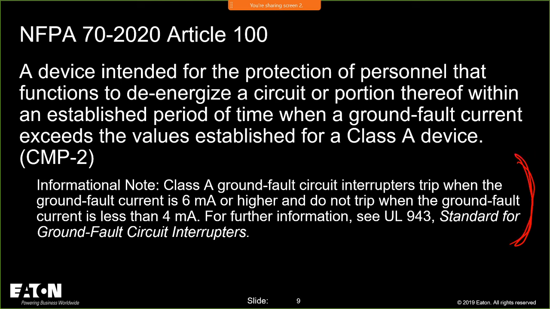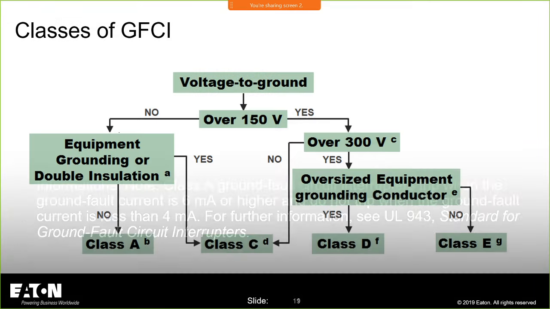Now we know in the National Electrical Code, informational notes are not enforceable. Informational notes are there for what? Information. What this informational note is telling you is that whenever you use the term ground fault circuit interrupter in the National Electrical Code, you're talking about a Class A device, and a Class A device trips from 4 to 6 milliamps. So that's an important piece of this puzzle.